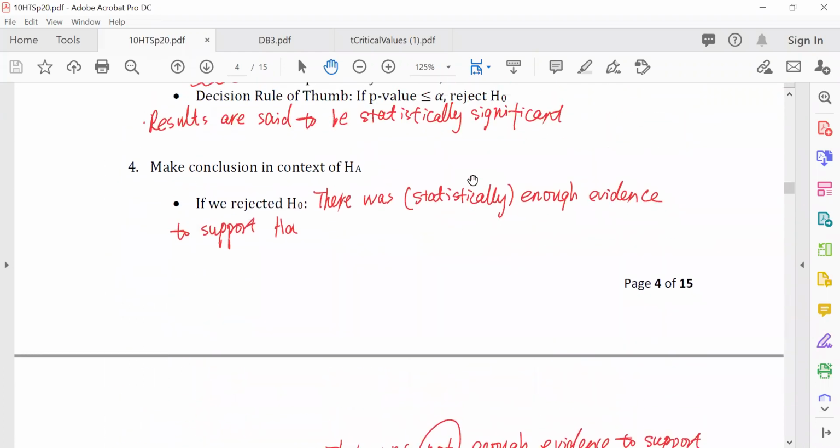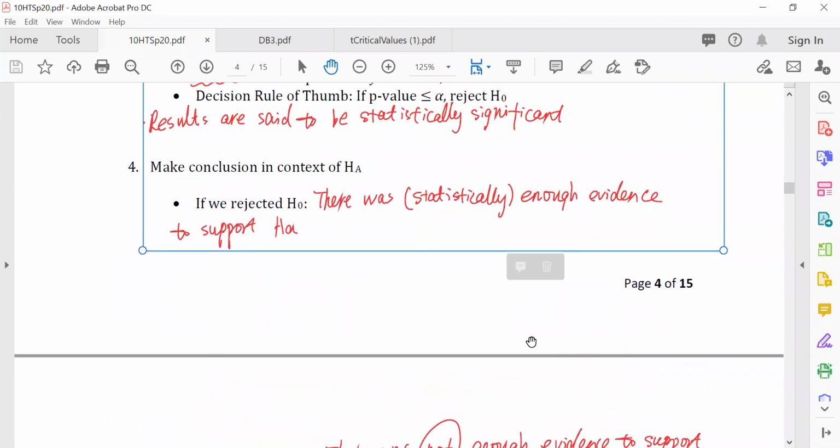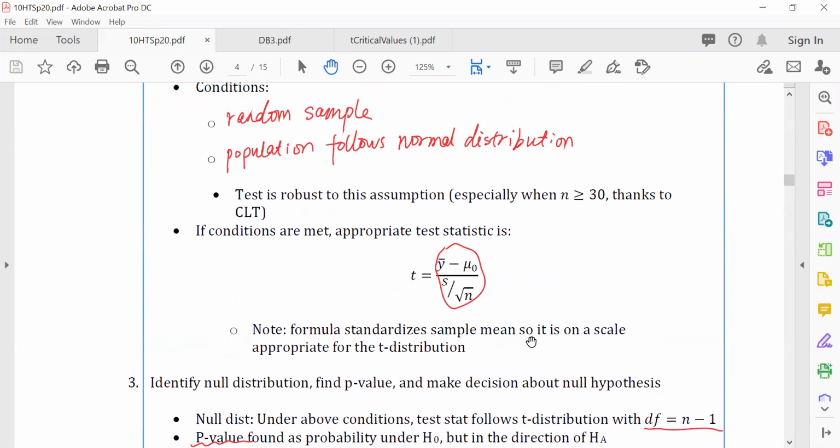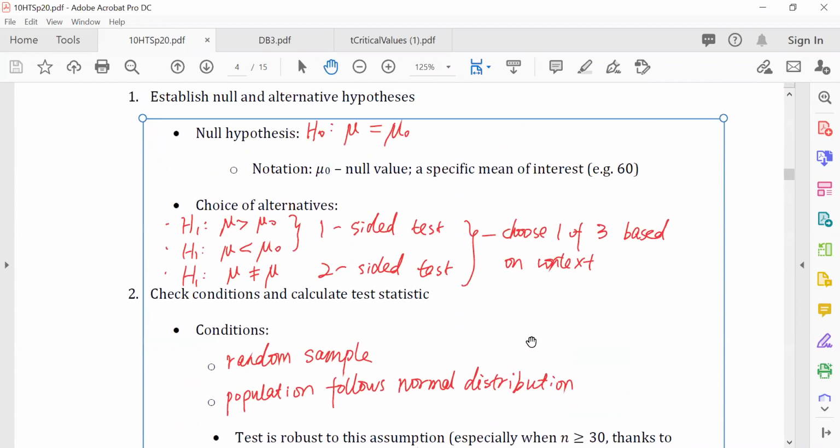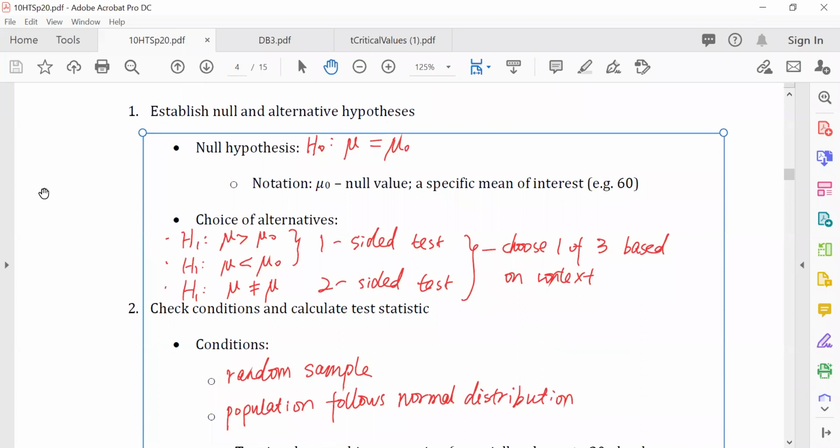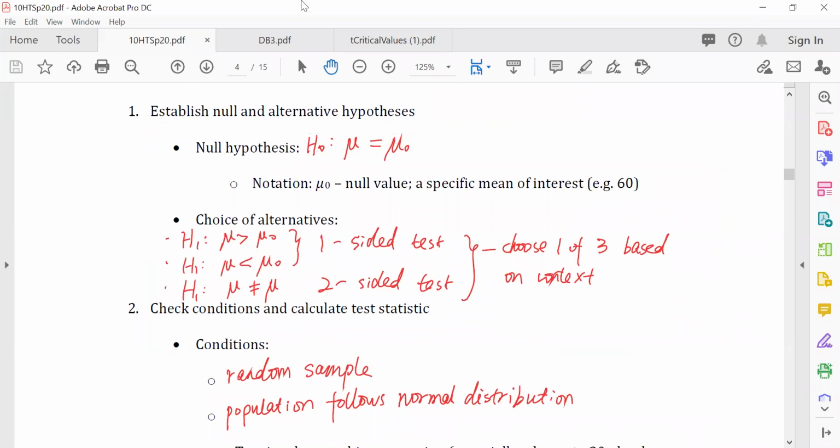Remember when we introduced the hypothesis test, we said there is null hypothesis and alternative hypothesis. So there are three different forms of alternative hypothesis: mu greater than mu zero, mu less than mu zero, and mu not equal to mu zero.